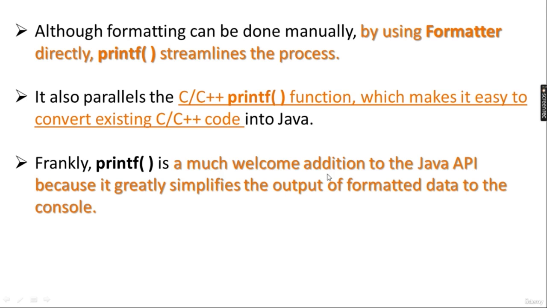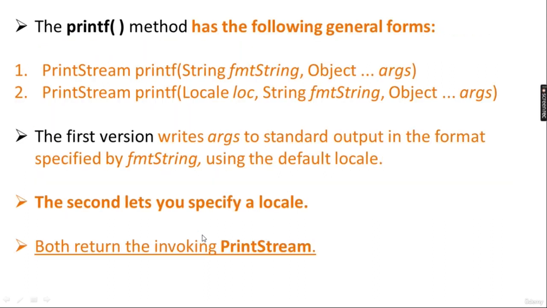Printf is a much welcome addition to the Java API because it greatly simplifies the output of formatted data to the console. Okay, so printf forms are: PrintStream printf(String formatString, Object... var), then PrintStream printf(Locale loc, String formatString, Object... var), where you specify which locale you are residing in, and format string like %f, %d, %c, etc., and var.